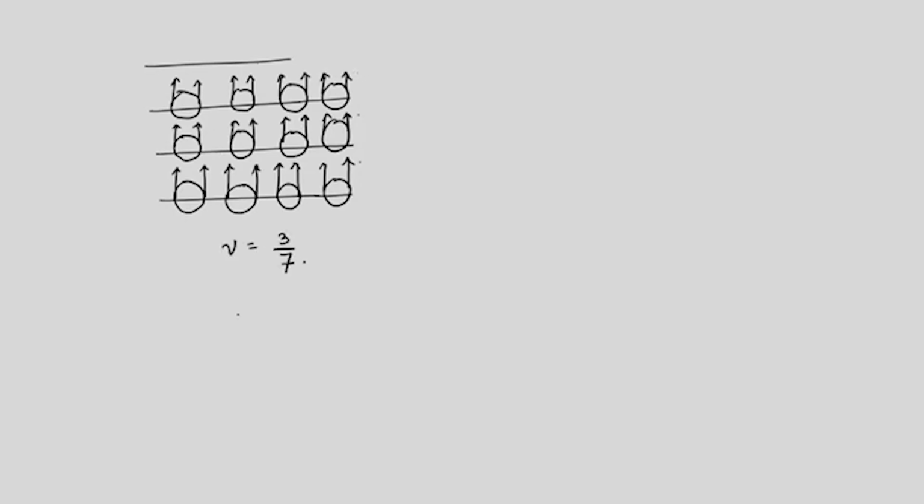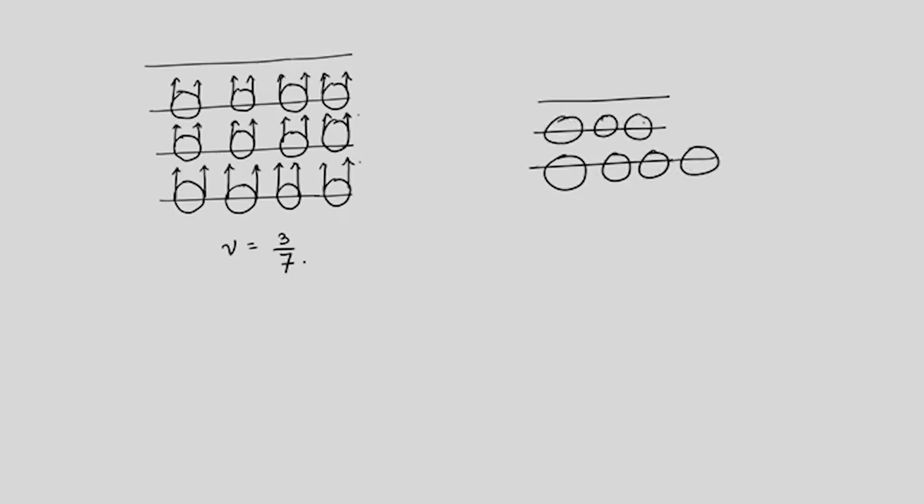Okay. So this is a fractional quantum Hall effect, and when we go to the non-interacting picture, this corresponds to nu star equal to 3. Okay. So this is a schematic plot.